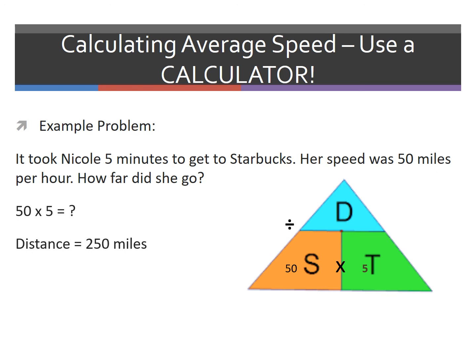In this instance, we're calculating for her distance. We know she went 50 miles per hour, so distance will be in miles. Her speed was 50 and time was 5, so we multiply, and we end up with 250 miles.